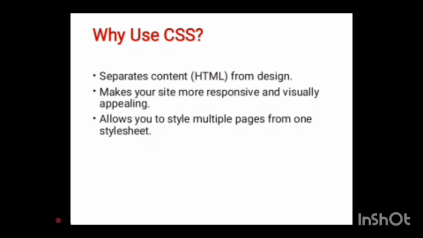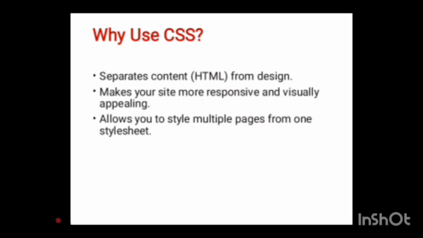The second reason is that it makes your site more responsive and visually appealing. Without CSS, an HTML-only website is not attractive at all, so adding CSS makes it unique and appealing.